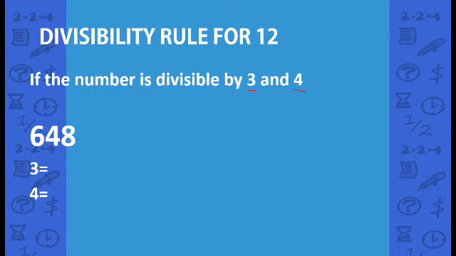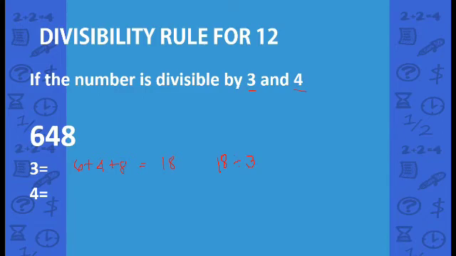So, dito muna tayo sa 3. Para malaman natin kung siya ay divisible by 3, we will add the digits 6 plus 4 plus 8. We will get the answer 18. Now, let's see if 18 is divisible by 3. 18 divided by 3.